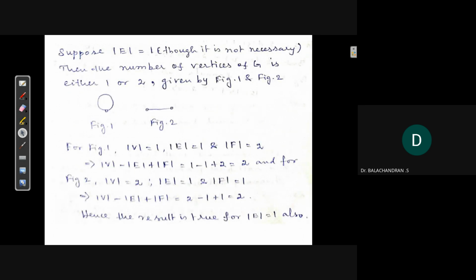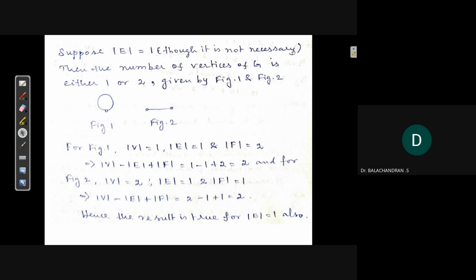But for more clarity, I am going to do one more part. Suppose the cardinality of E equals 1. In this case also I am going to check whether Euler's theorem is true or not. From my point of view, it is better to write this in the examination. So the cardinality of E equals 1.